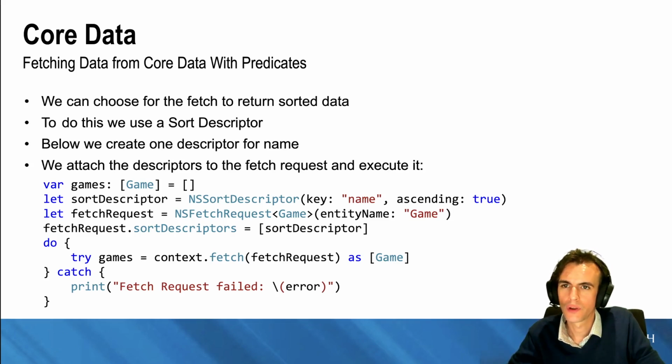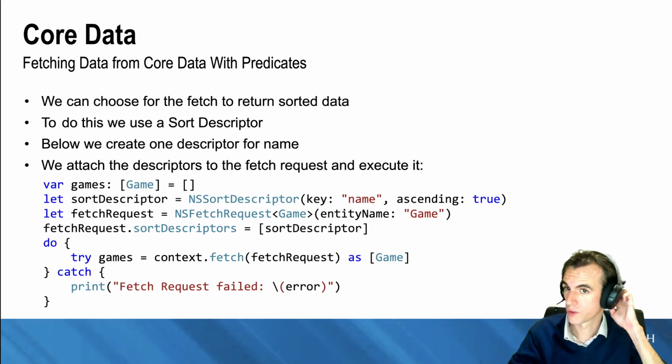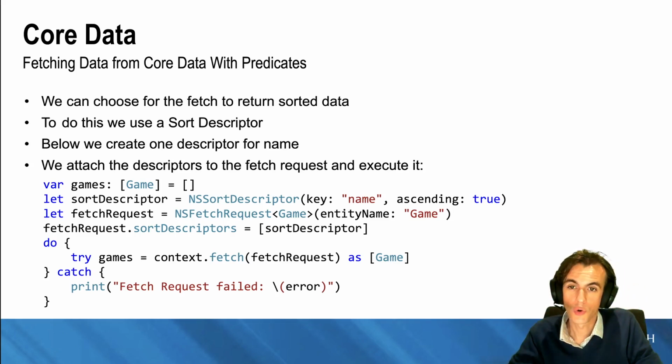Actually, I should say first, before we choose to select particular things, you might also want to fetch them in a particular order, which is actually what we're talking about on this slide. So you can do the ordering with what's called a sort descriptor. You create a sort descriptor for a particular property, in this case name, and you attach the descriptor to the fetch request before you execute it.